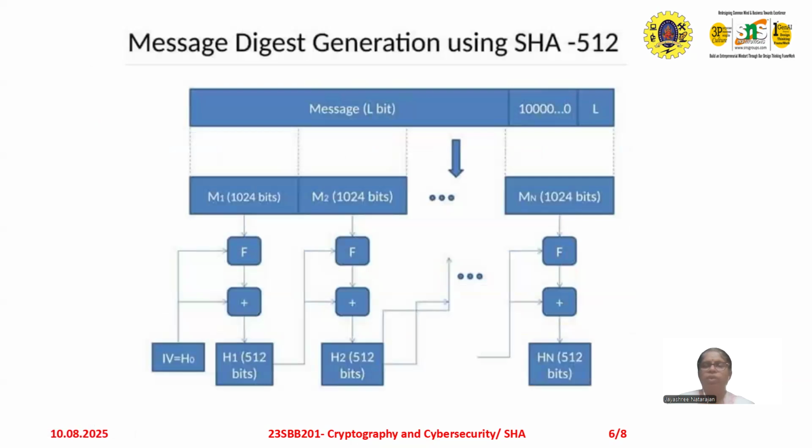This is the major block diagram of SHA 512. Initially the input message is padded with padding bits and length bits of 128. After that, the input message is segregated into blocks of 1024 bits. Then each block is processed through round functions, and finally the output message digest is developed.